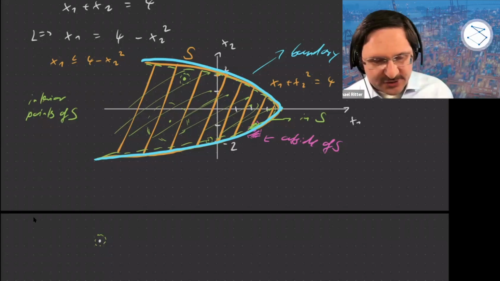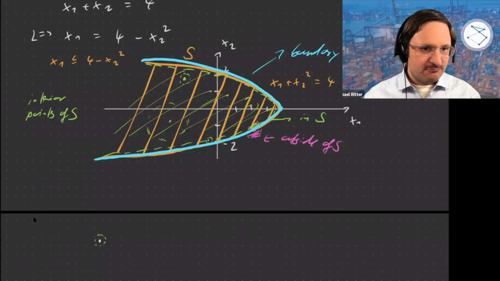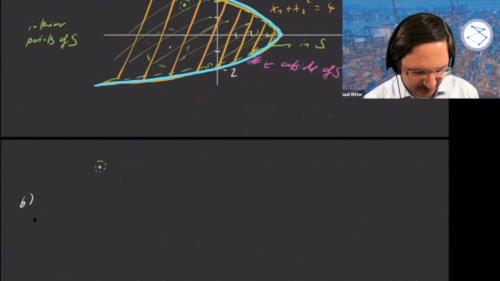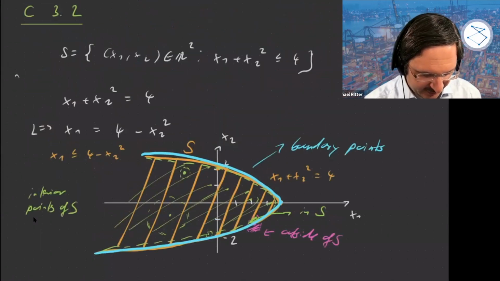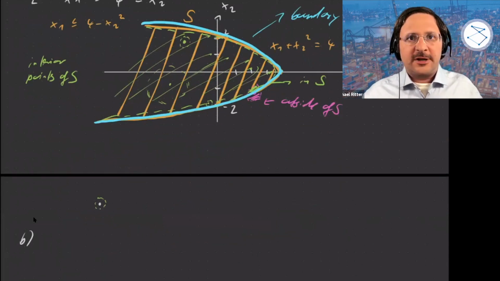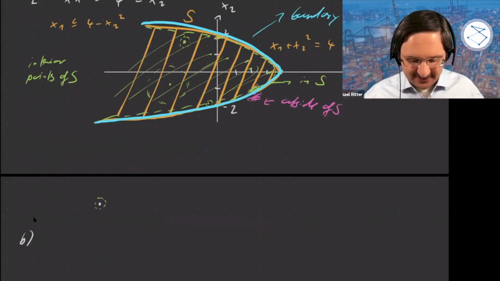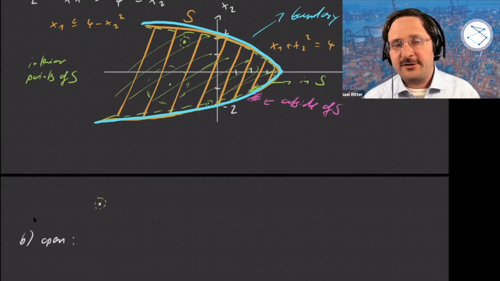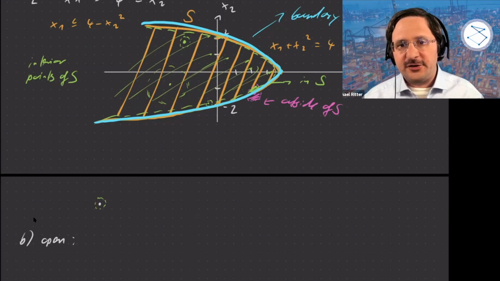So now the next question is: is the set open or closed or neither of those? It's part B. That was actually part A here. Well, it's easy to answer. An open set simply means all points in the set are interior points. The set consists entirely of interior points.